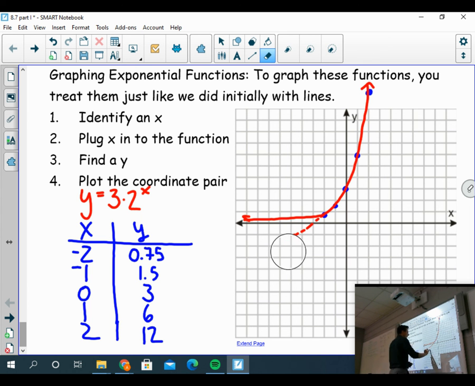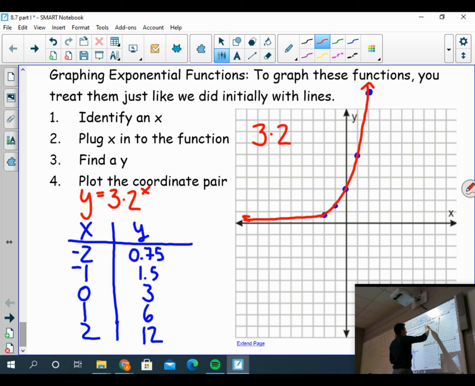Well, let's again think about what's happening. We never plugged in one of these values, but let's pick a value way down here like negative 10. When we plug it into our equation, what we're going to end up with is 3 over 2 to the 10th, after we simplify using our understanding of negative exponents.